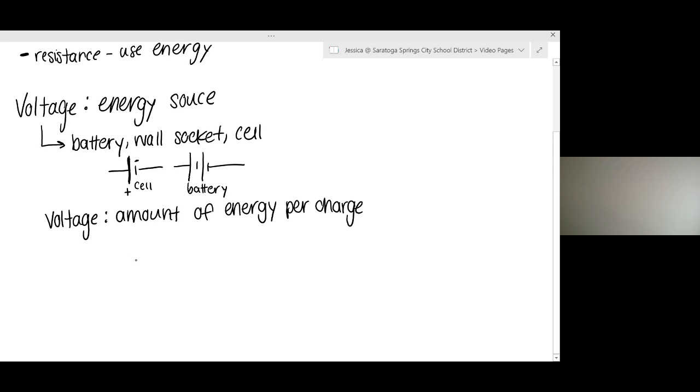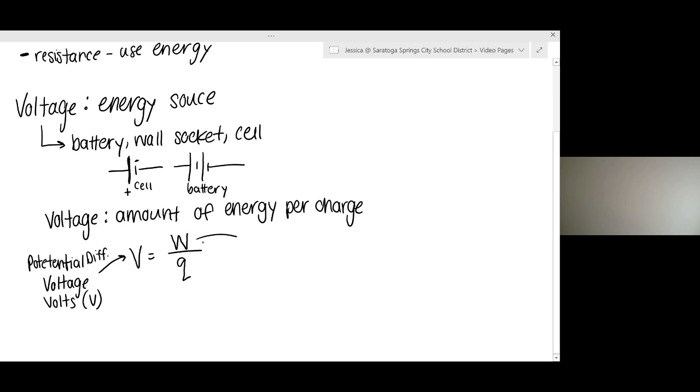We can calculate the voltage by using the equation V equals W over Q, where V is the voltage in volts, represented with a V. This is also sometimes called potential difference, like potential energy difference. Potential difference and voltage are the same thing, and that's measured in volts.